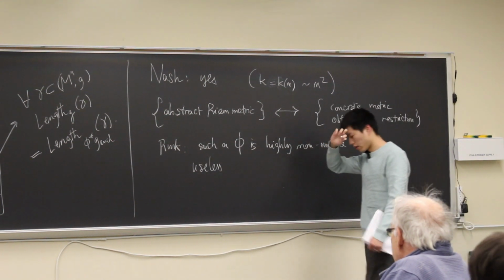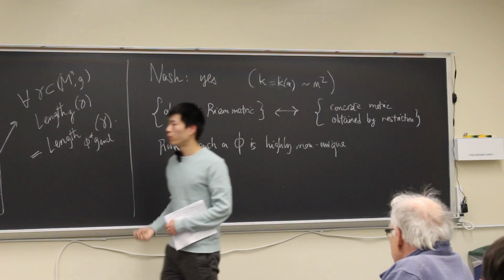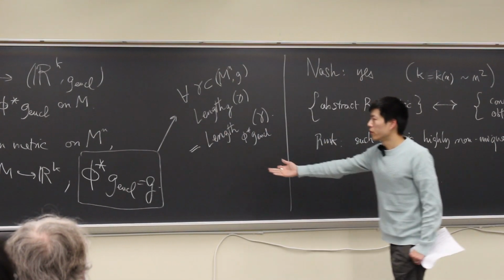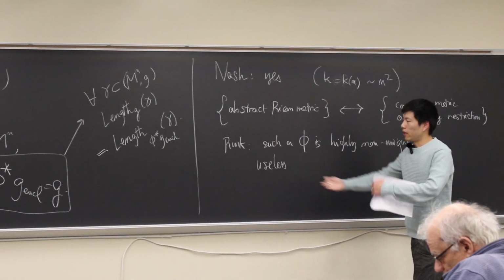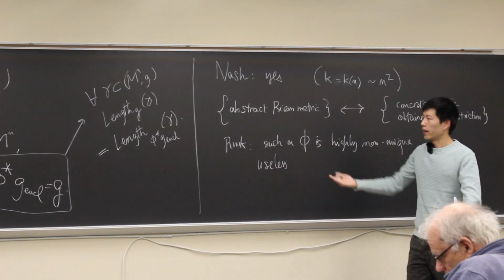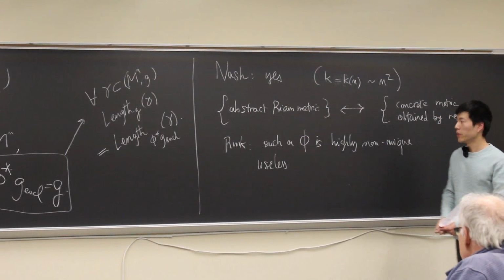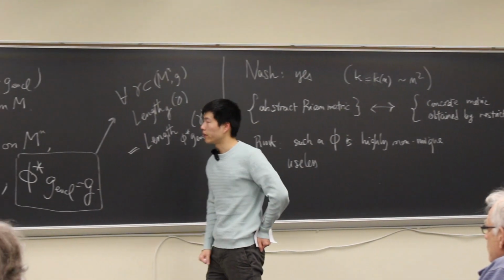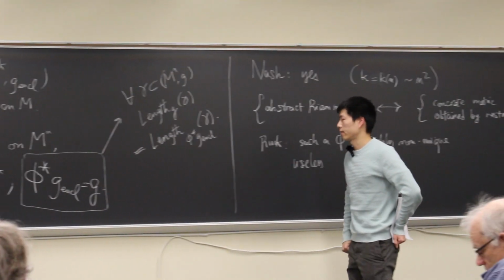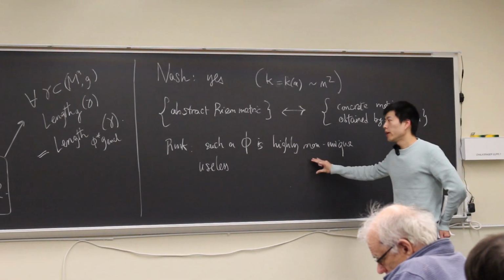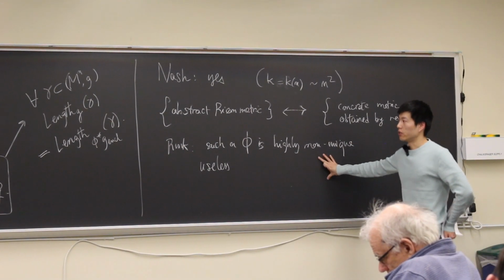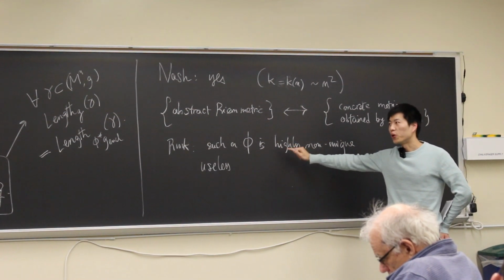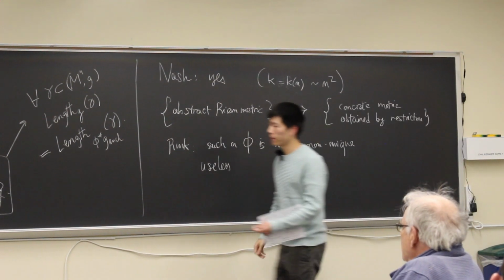This theorem is a famous example of a theorem where the proof is much more interesting than the statement. The statement is such that you cannot really use such a phi for applications in geometry, whatever that means. However, the proof played a fundamental role in the development of geometry and analysis. But for today, we are interested in applications in geometry, so we're interested in more interesting isometric embeddings. So that's the next step.